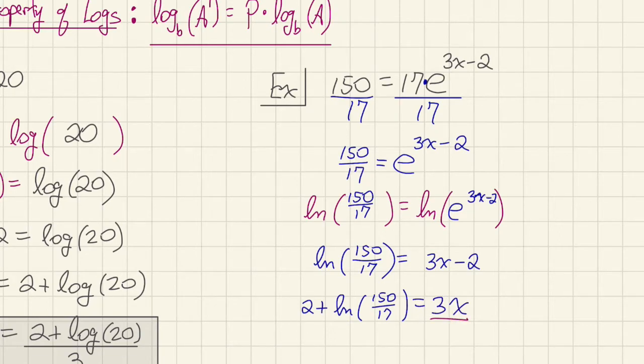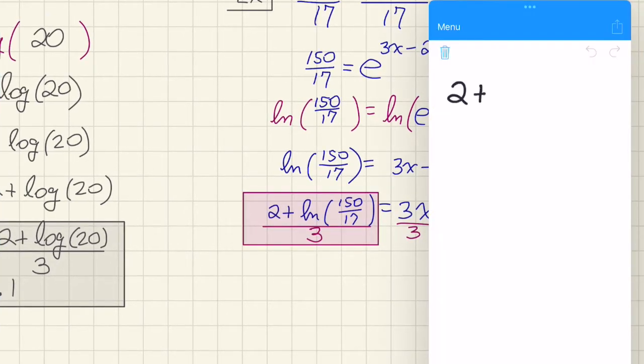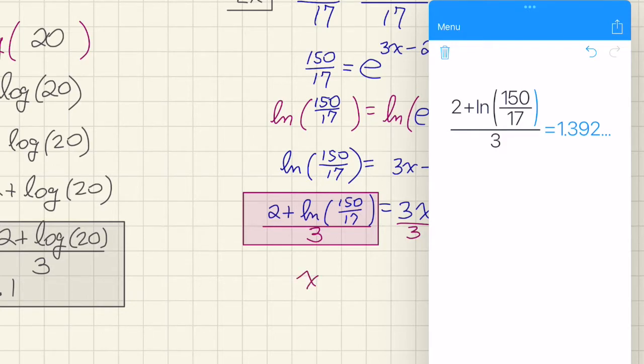And then divide both sides by 3. So this is the exact answer, not the decimal answer. So if you want to find out what the decimal answer is, or the approximate answer, you'd have to type it into a calculator. About 1.39. So x is approximately 1.39.